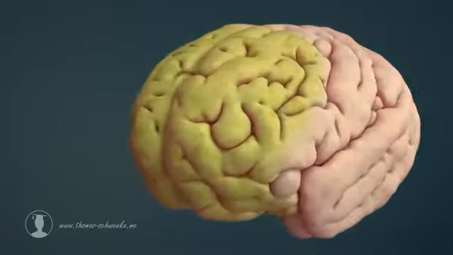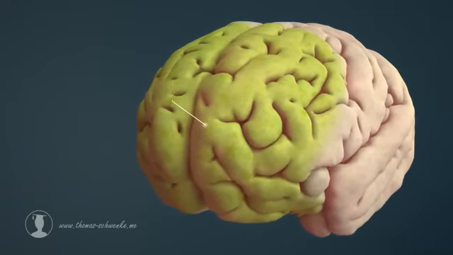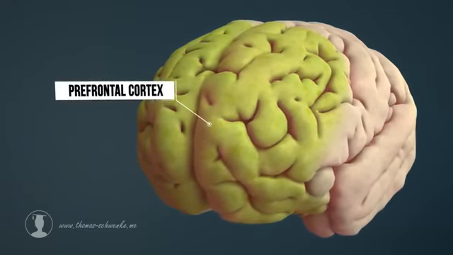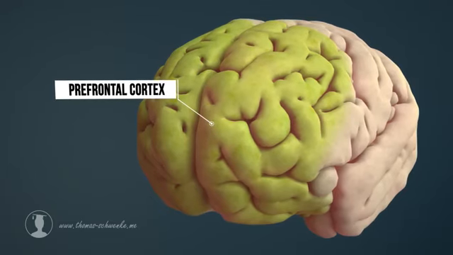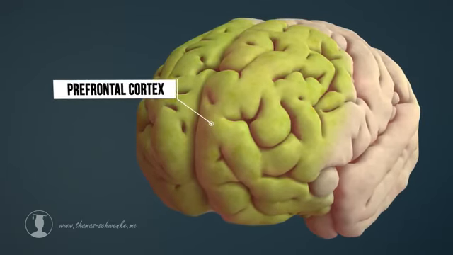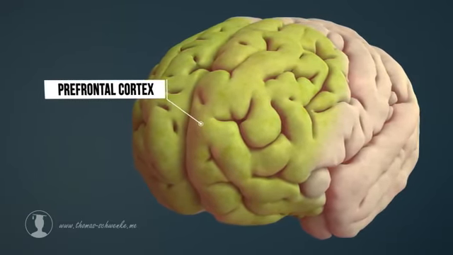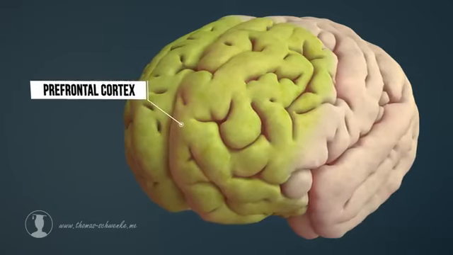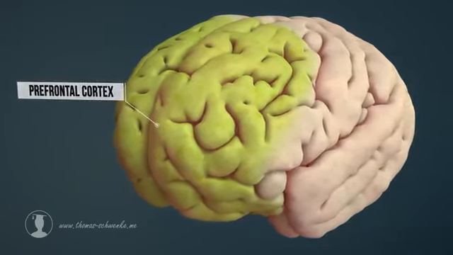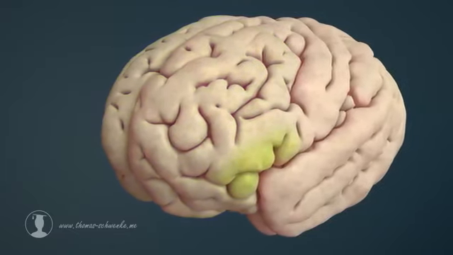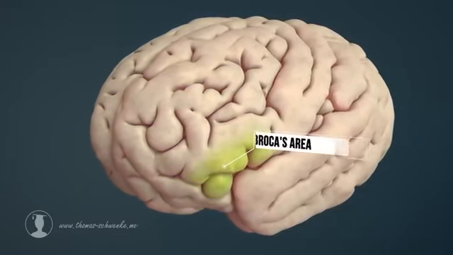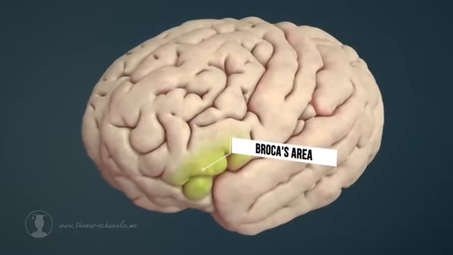Certain nerve cells or areas of the brain perform different functions. The prefrontal cortex contains nerve cells that are said to be responsible for our personality, problem-solving, and self-control, among other things. Broca's area, which makes spoken and written language possible, is often located on the left side.